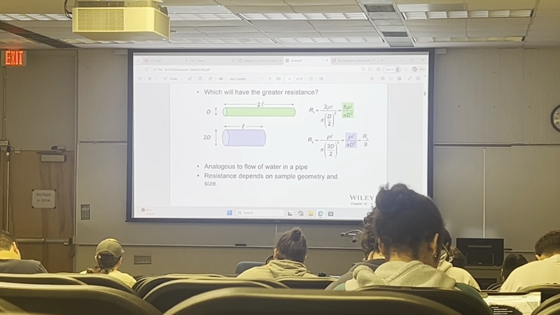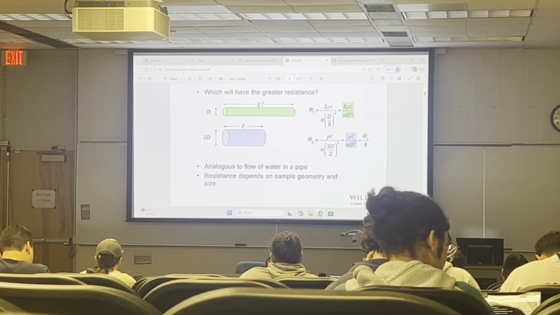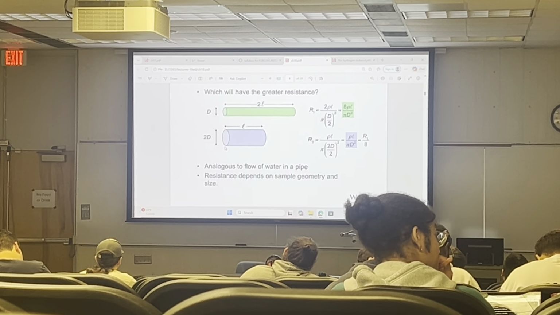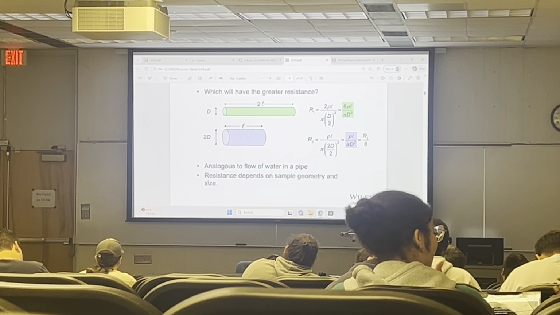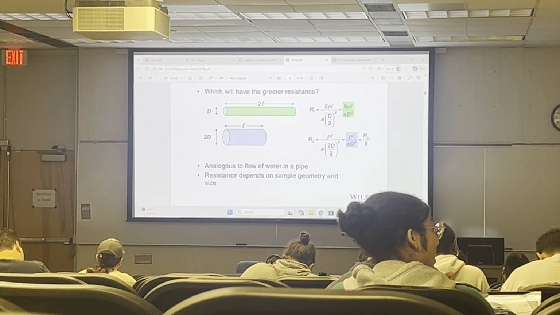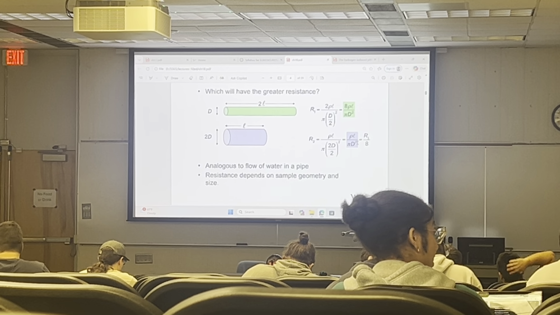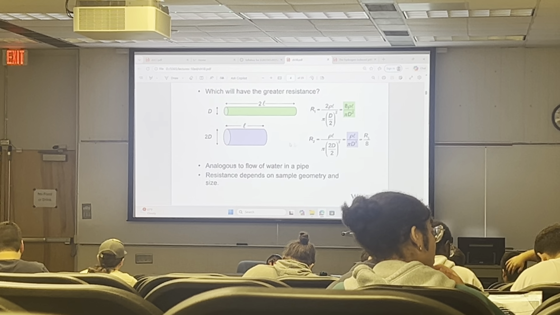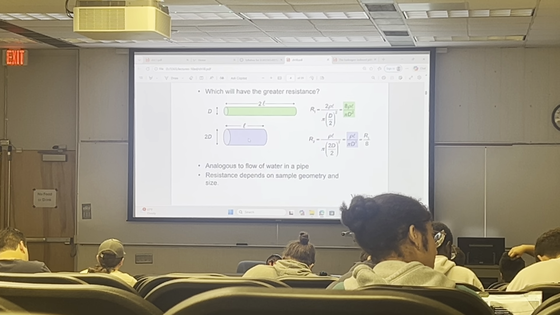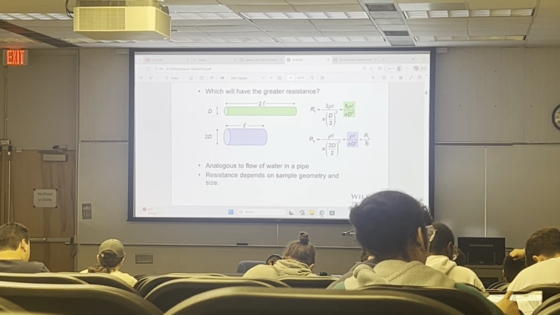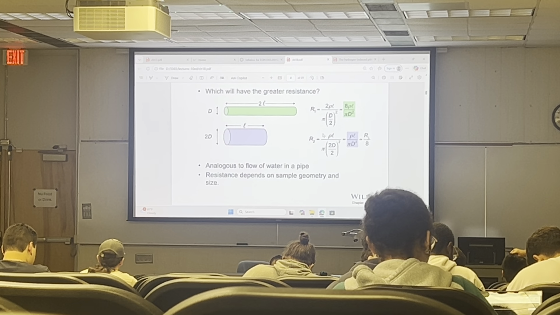And we get 8 times rho L over pi d to the second power, where d is the diameter. And in the second case, it's rho L over pi times 2d over 2 squared. And you can see that in this case, the resistance of the wire that is twice the diameter and twice shorter is 8 times lower.